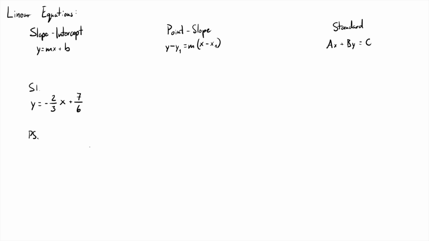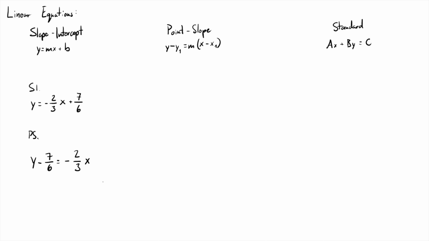So what I'm going to do here is get my y's on the left hand side, my x's on the right hand side, and I'm also going to move over my 7 over 6 to the y side as well.